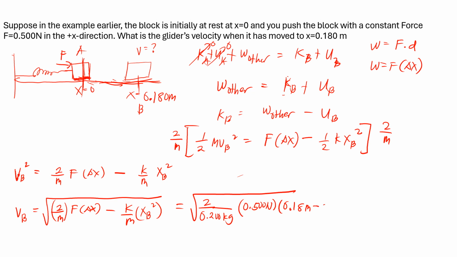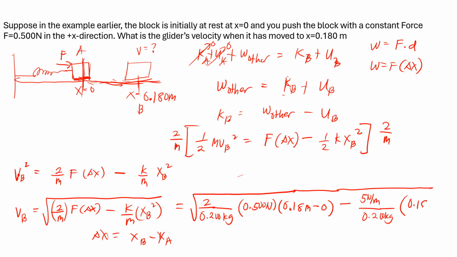We include the 0 because delta x is xB minus xA, where xA is 0. And this will be minus the force constant from earlier, which was 5 newtons per meter, divided by the mass, 0.200 kilograms, times xB, which is 0.18 meters, squared.